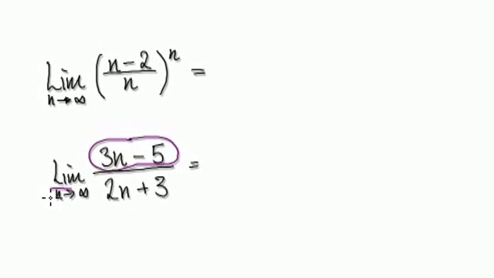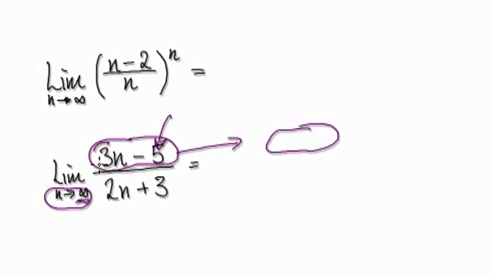Down here you could argue that as n tends to infinity, the top bubble will be, well, you're adding a 5, which is negligible. It's going to be so small as n becomes very, very big. So it's just going to be 3n.